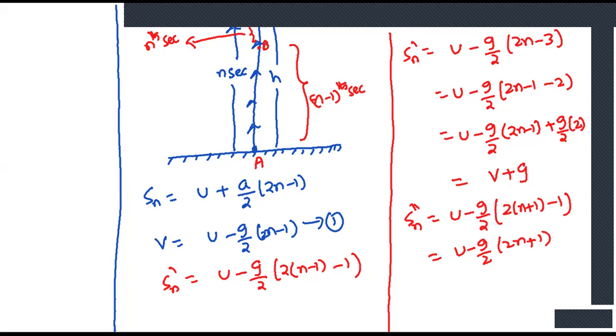So this I am writing as u minus g by 2 into 2n, and we need to get minus 1.